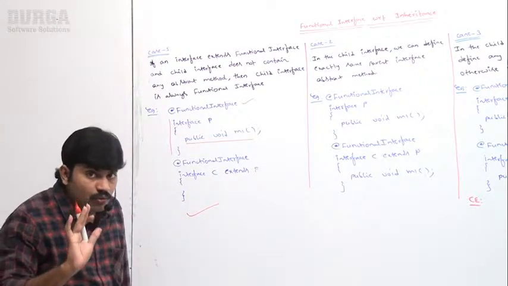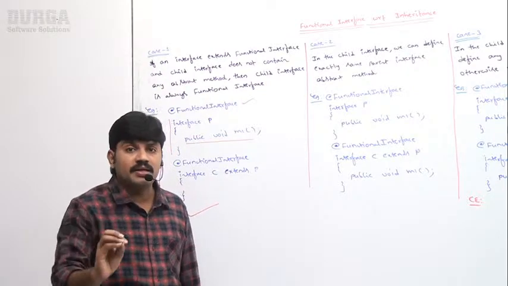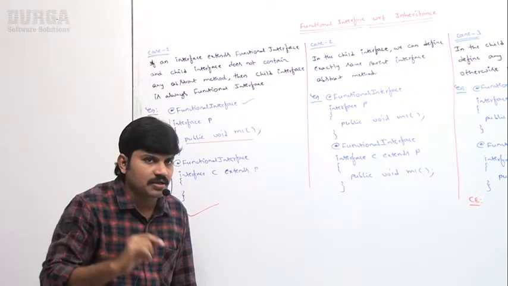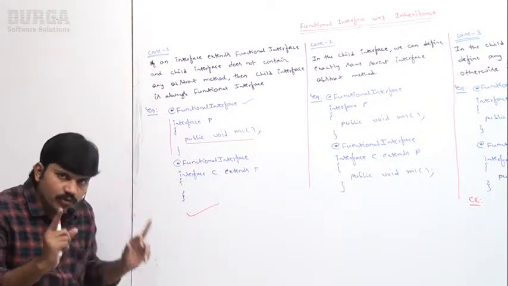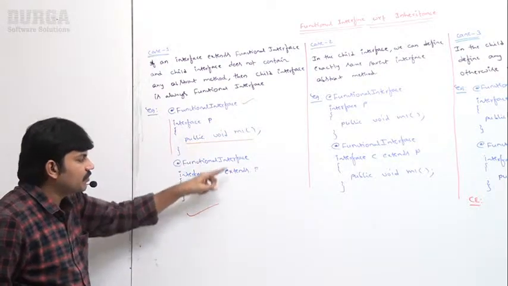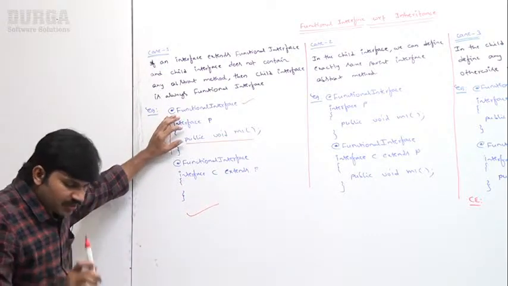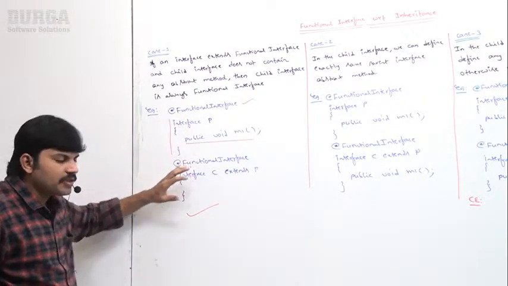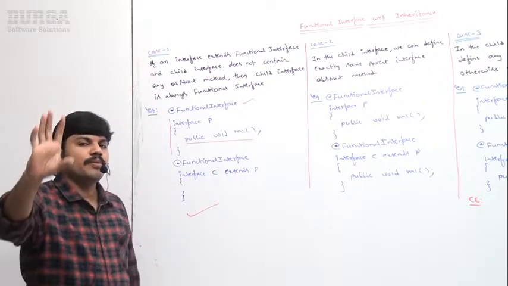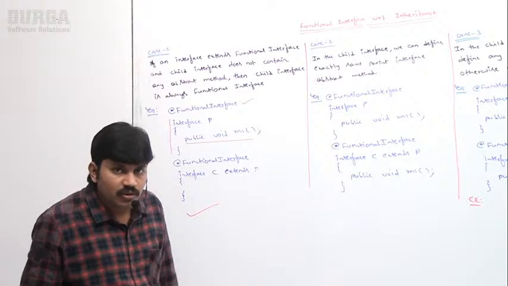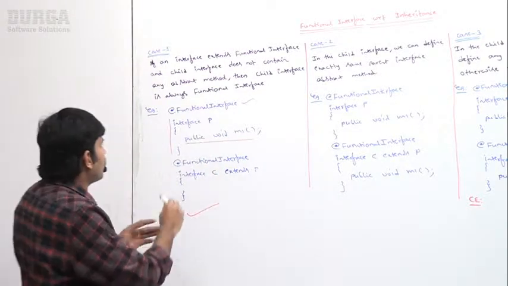What is the rule for a functional interface? The interface should contain only one abstract method. The parent contains only one abstract method, and the child also contains only one abstract method, which is coming from the parent. If the parent interface is a functional interface and the child interface doesn't contain any new abstract method, then the child interface is also a functional interface. Everyone can understand it. Just observe the conclusion.